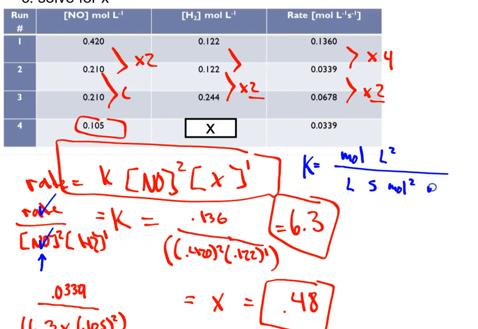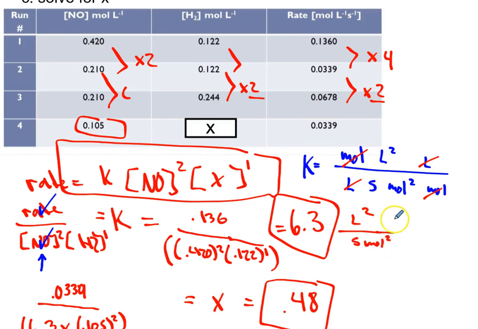Are you with me? Then I cancel everything out. This mole is gone, these liters are gone, and nothing else cancels out. So the units for K are liters squared per second mole squared.